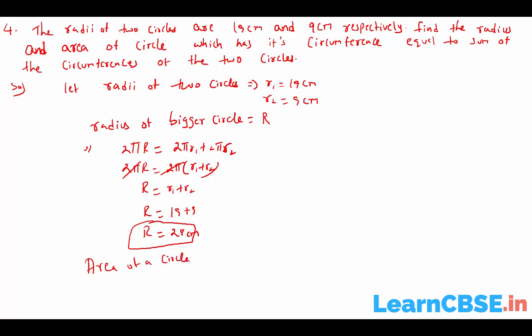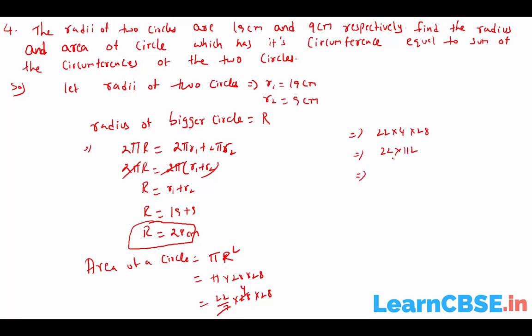area of a circle equals pi R square, pi into 28 into 28, in place of pi 22 by 7 into 28 into 28. Then you will get 22 into 4 into 28, that means 22 into 28 fours, 112.